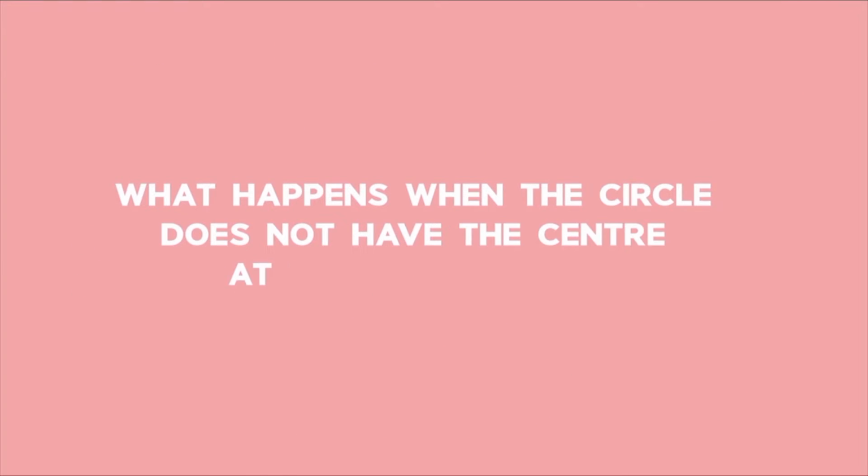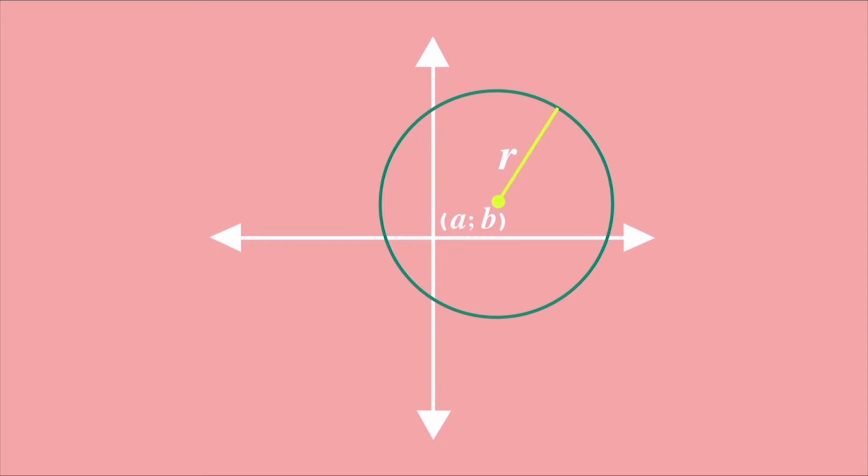What happens when the circle does not have the center at the origin 0, 0? Consider a circle on the Cartesian plane with the center at A, B, with a radius of r units. So the circle is the set of all points x, y that are r units away from the center A, B. To find the length of the radius, we can use Pythagoras again.